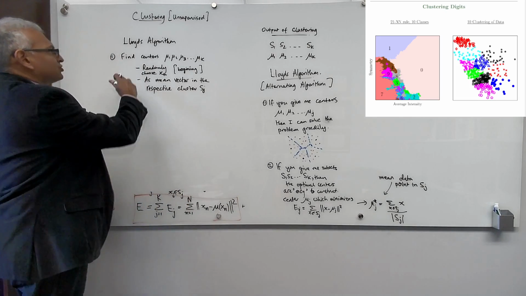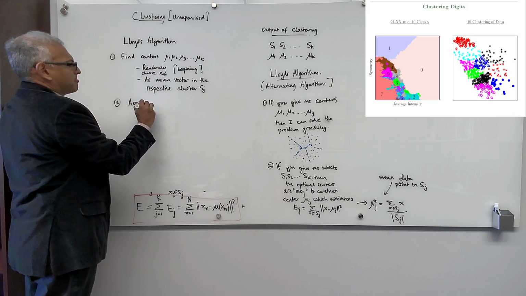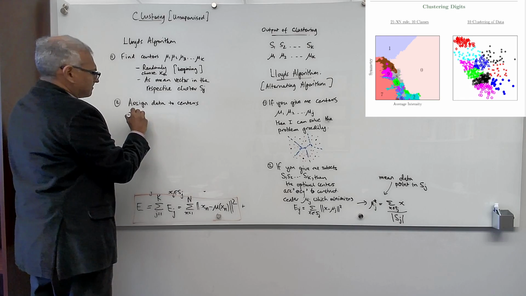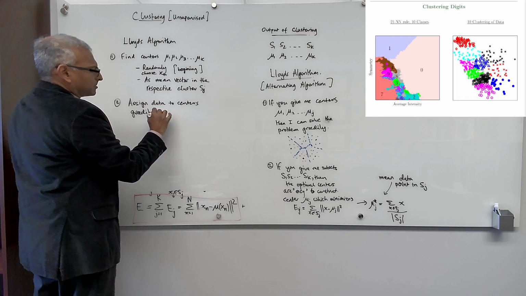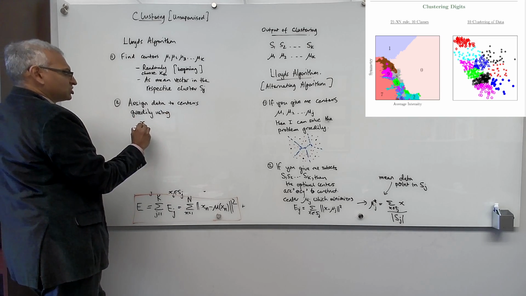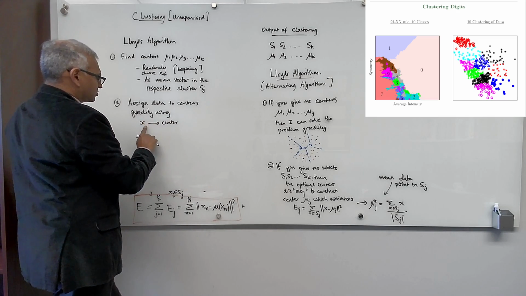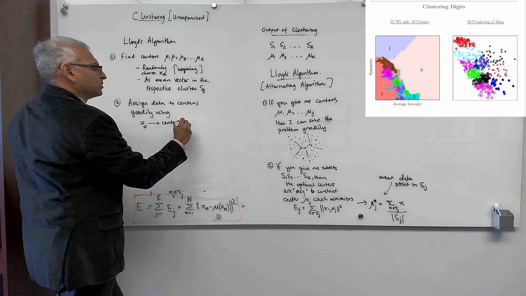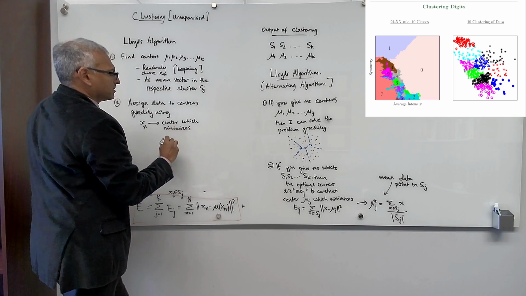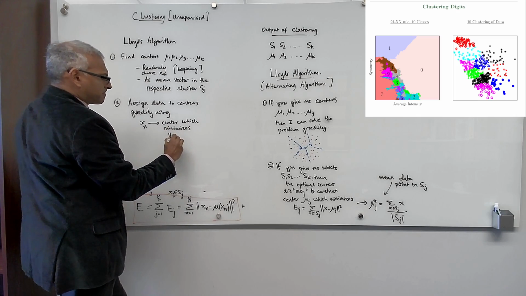And once you have centers, assign data to centers greedily using the following algorithm. Data point x little n gets assigned to the center which minimizes the distance to xn.